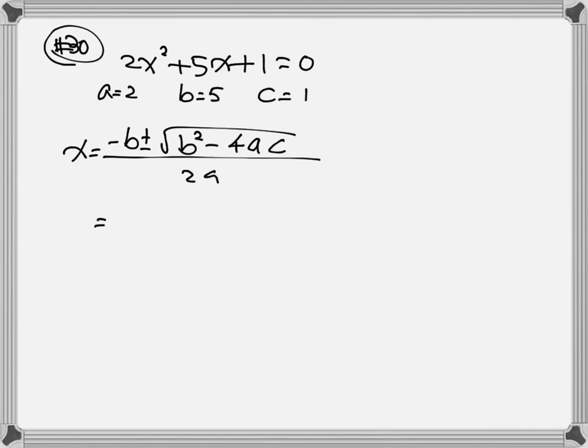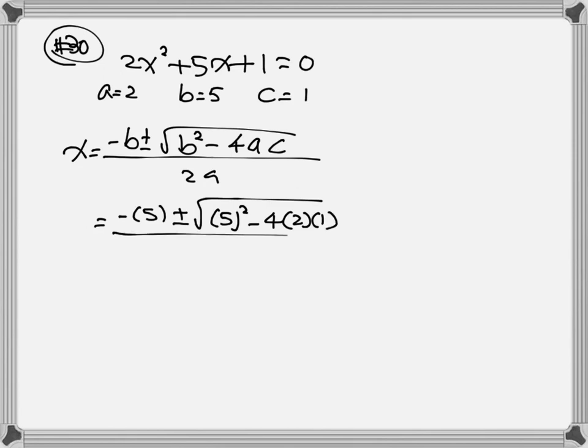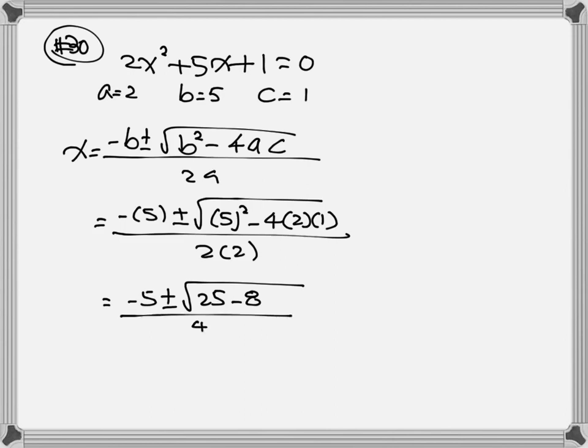Then let's substitute. Negative b will be negative 5, plus or minus the square root of b squared, which is 5 squared, minus 4 times a, which is 2, times c, which is 1, over 2a, so 2 times 2. So let's solve this. Negative 5 plus or minus the square root of 25 minus 8, over 4. So it'll be negative 5 plus or minus the square root of 17, over 4.